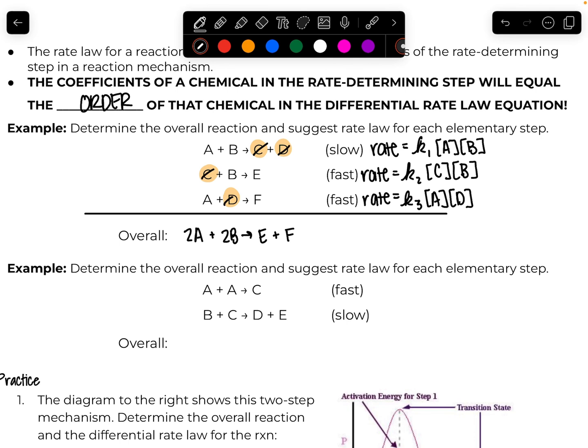So what that means is for the overall differential rate law, because the slow step is first order with respect to A, coefficient of 1, and first order with respect to B, that means in my overall rate law, the reaction orders will still be first order with respect to both A and B, because the rate law is determined upon our slow step.